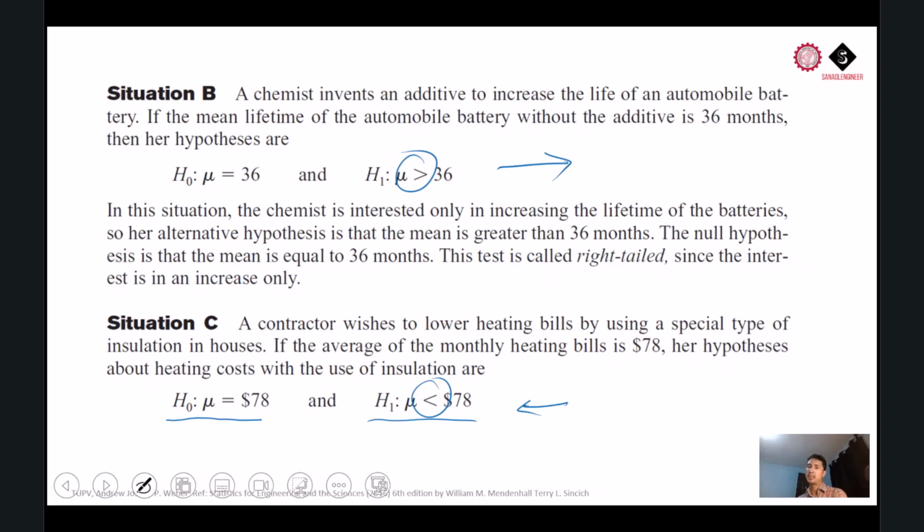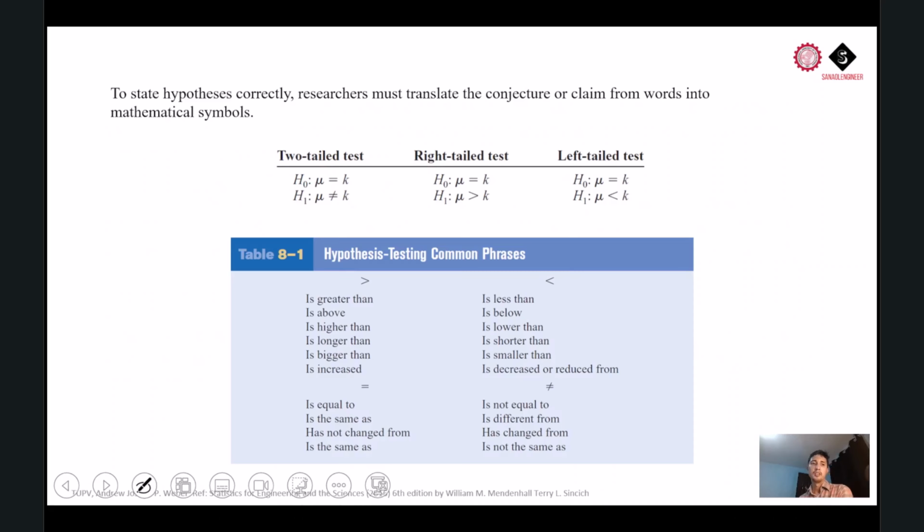Okay, so basically we have three types: two-tailed, right-tailed, and left-tailed. To state hypotheses correctly, researchers must translate the conjecture or claim from words into mathematical symbols. So it's easy. Two-tailed test: equal, not equal. Right-tailed test: equal, greater than.